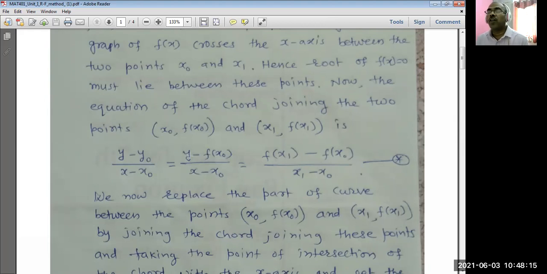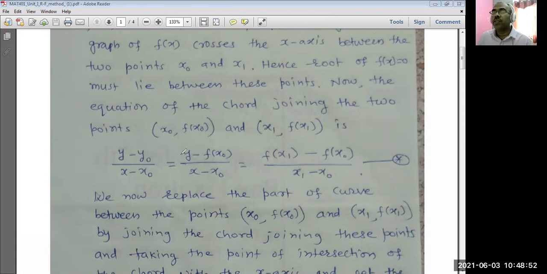We put y as 0 because at the point of intersection with the x-axis, the y coordinate of that point is always 0. That means y is equal to 0. So in this expression we put y equal to 0 and see what we have.